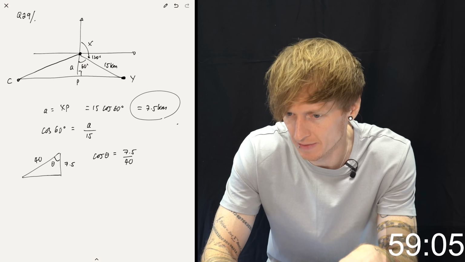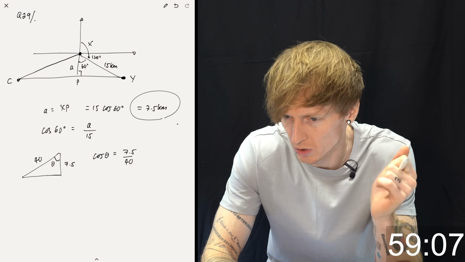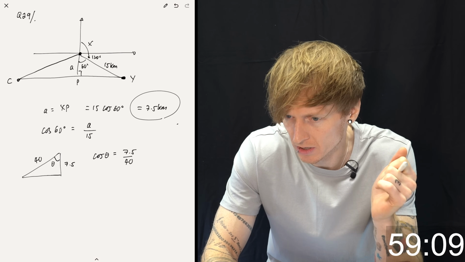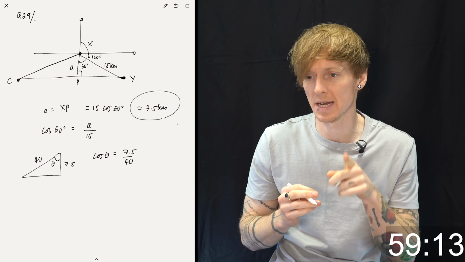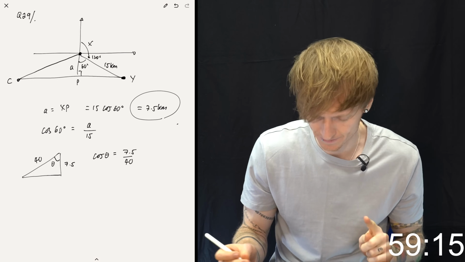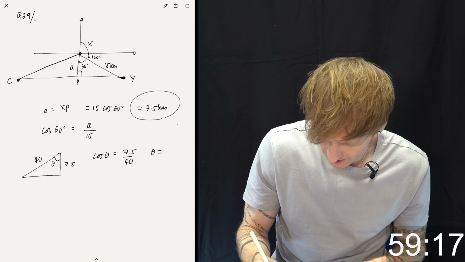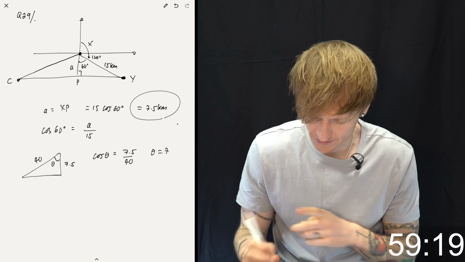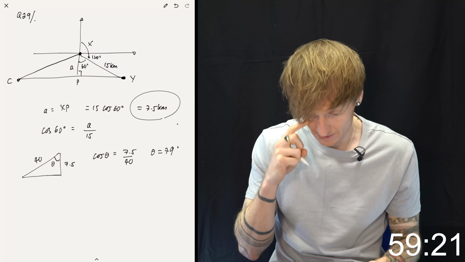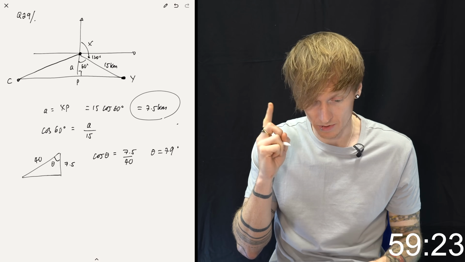So I'm in degrees, and I want to do cos inverse. 79 degrees to the nearest degree. So I think theta is 79. Does it say nearest degree? It does. Theta is 79 degrees.